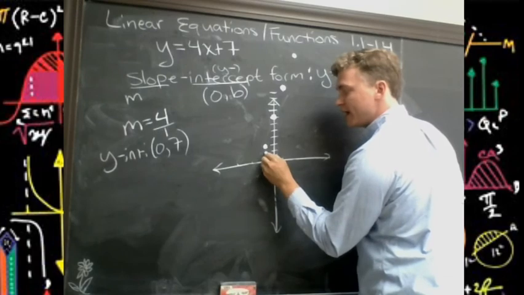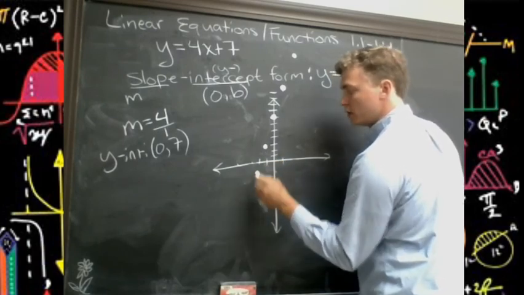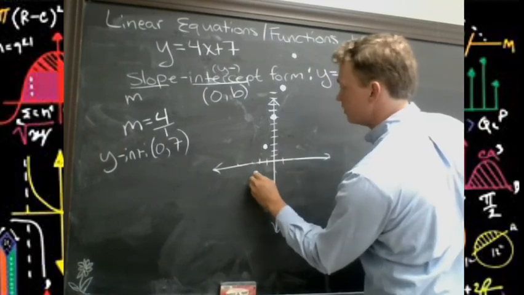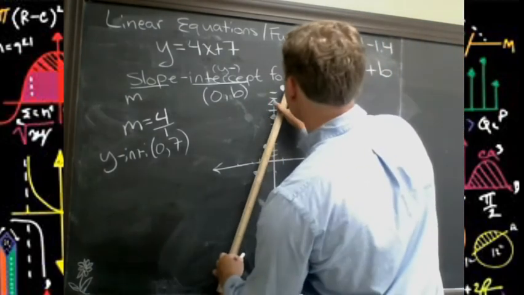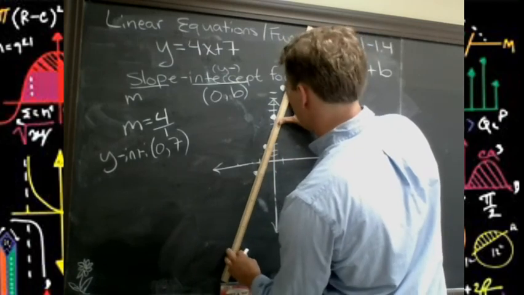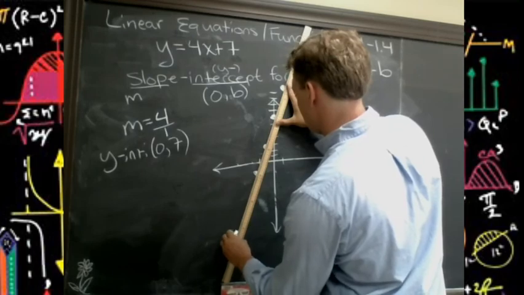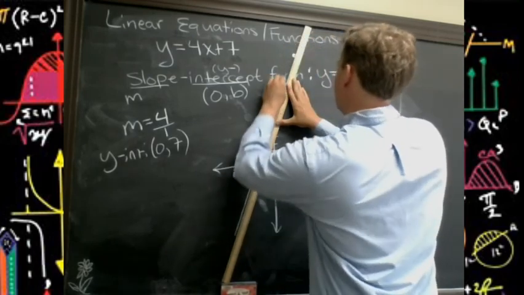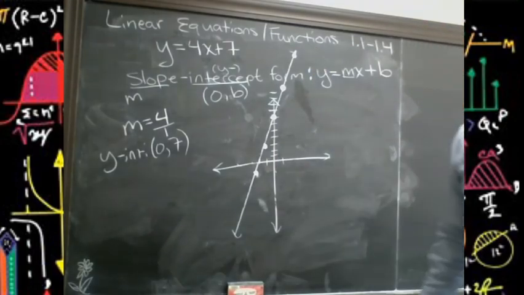Again, reversing that path, moving down 4 and to the left 1. We see now that we have a better idea of our graph that's within our range. And we have the graph of our line.